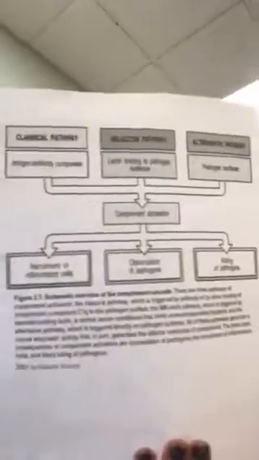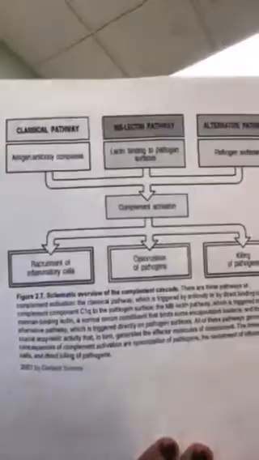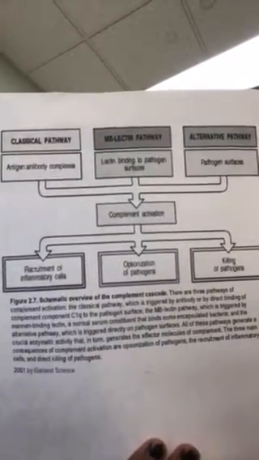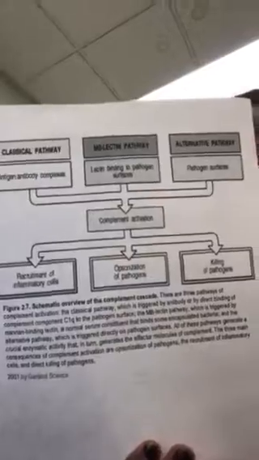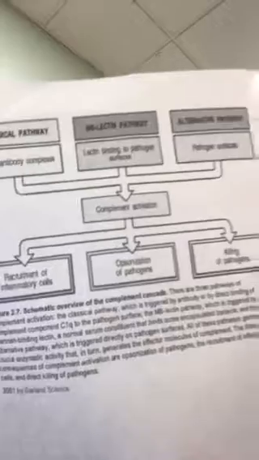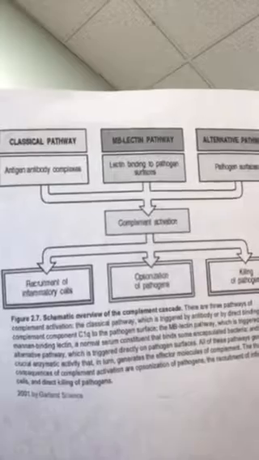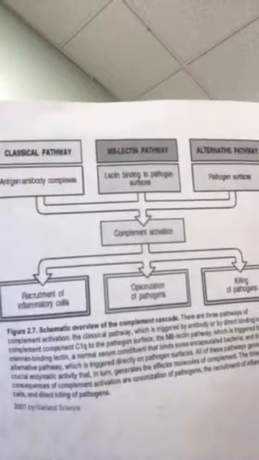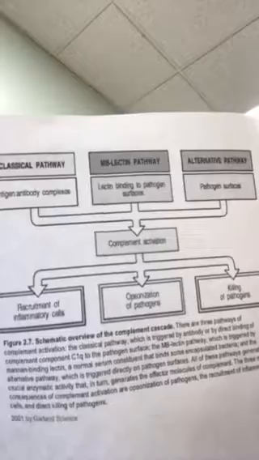So right here we have a little chart showing you everything in a gist. So let's get this right. We have three different pathways here. We have the classical, the MB-lectin, and alternative. As you can see, the classical relies on antibodies. It has antigen-antibody complexes. The lectin binding is next.